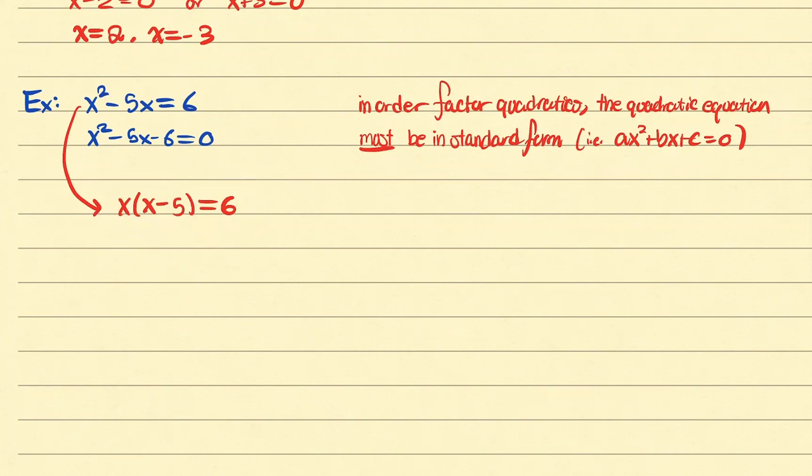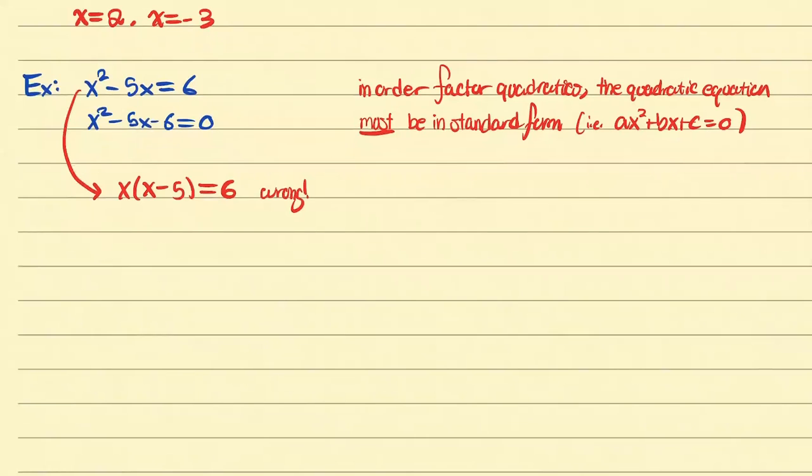But now we don't have the clean zero factor property in order to give us the solutions. So this is wrong. I can't think of an example specifically where I can illustrate how multiple combinations of numbers work, but there are out there, and they are the examples for why this type of solving of quadratic equations is wrong. You need to equate it equal to 0.